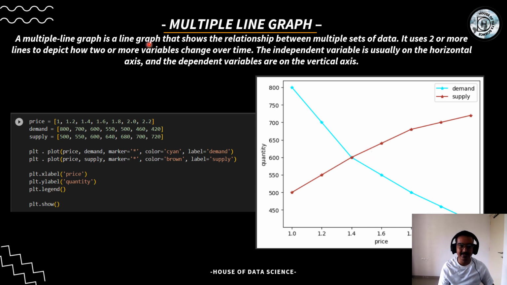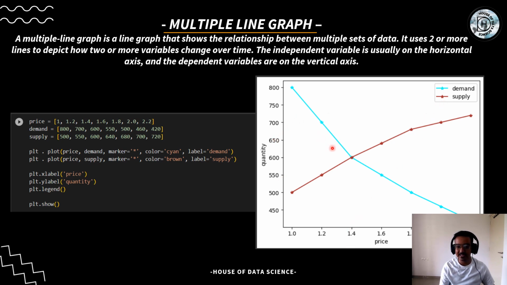So a multi-line graph is a line graph that shows the relationship between multiple sets of data. It uses two or more lines to depict how many variables change over time. The independent variable is usually on the horizontal axis and the dependent on the vertical axis. As I said, these are representing the same two things, quantity and price, but one is for demand and one is for supply.